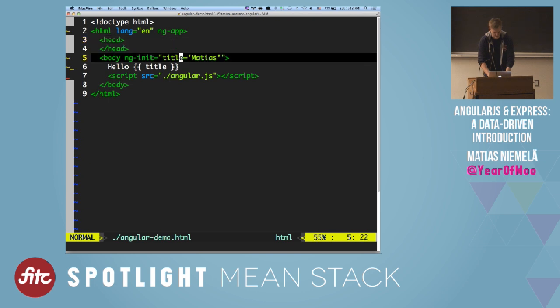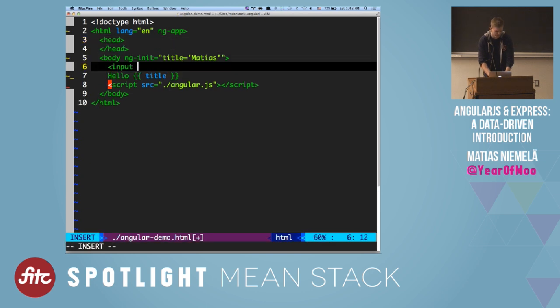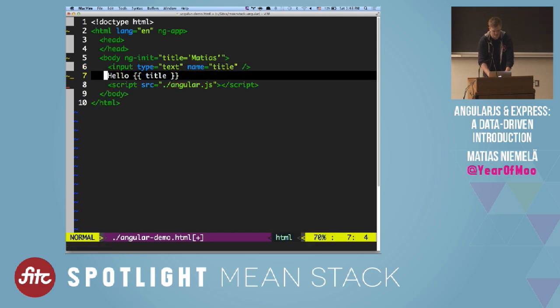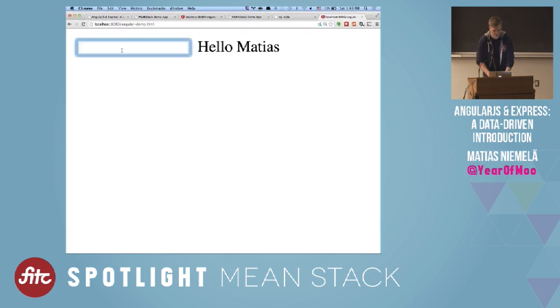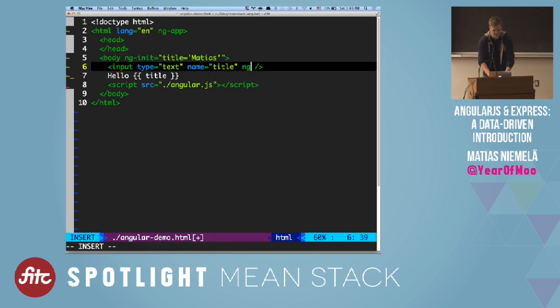All right, so now let's make it so we can interact with that title variable. So let's say we pass in title as a name. Now this doesn't do anything yet. Right? If I start typing in, nothing happens. So we add this thing called ng-model, which is a data binding, which has the data in the memory bound to the page, which is the title attribute.